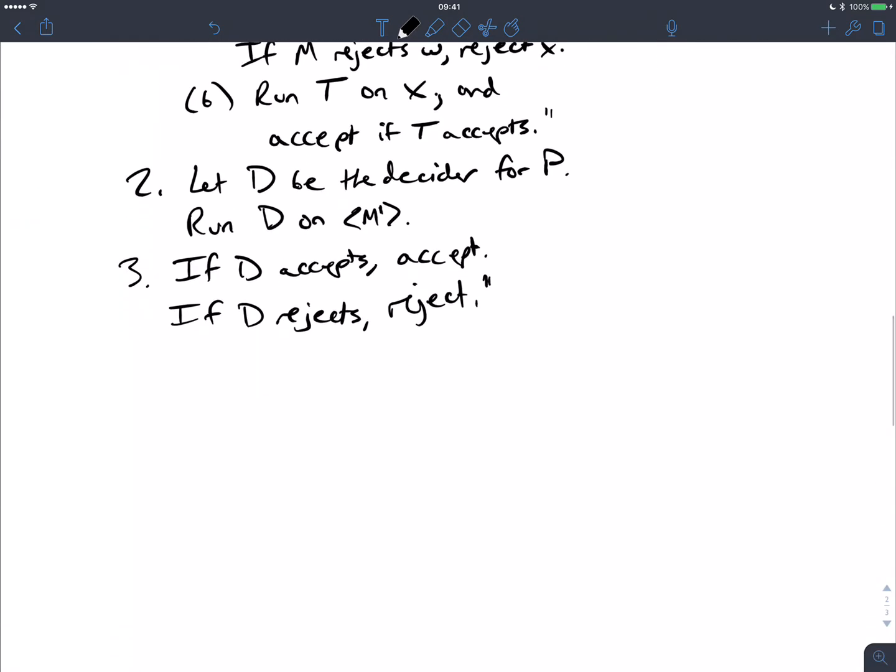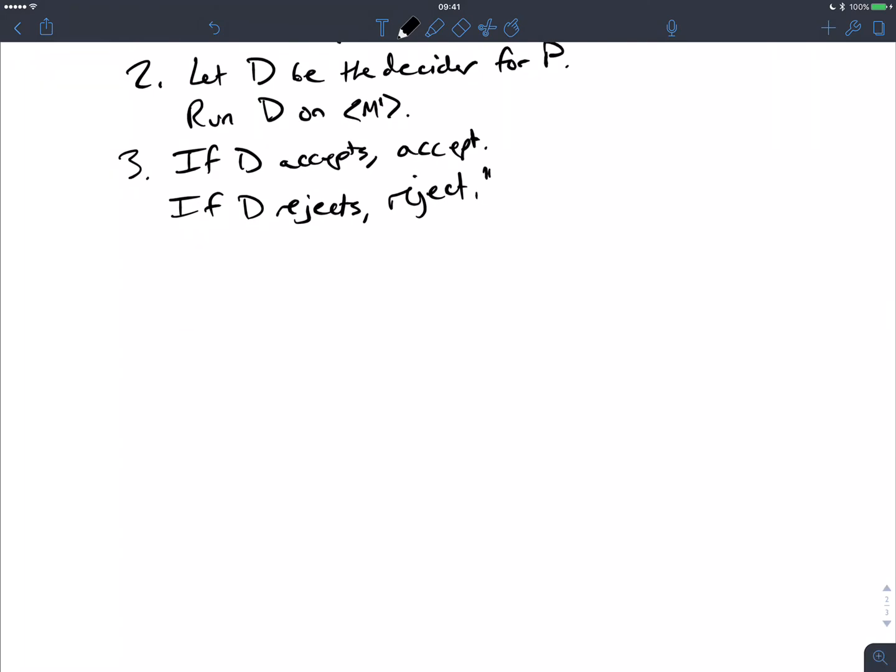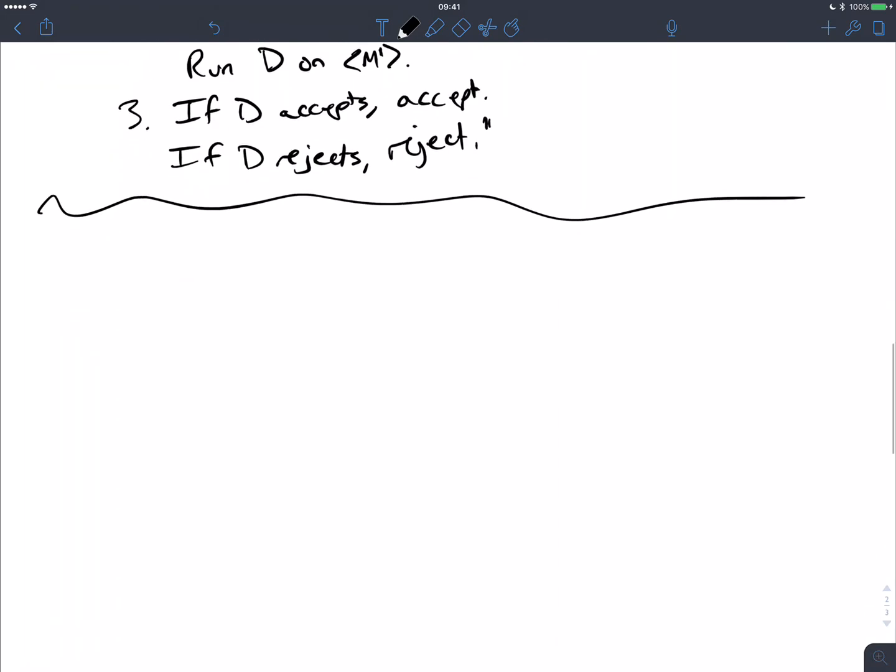So let's prove one language undecidable, or one property undecidable, I guess. Now I have to think of an example. Okay, so I'll mimic one that's kind of like the one on the midterm you've seen.